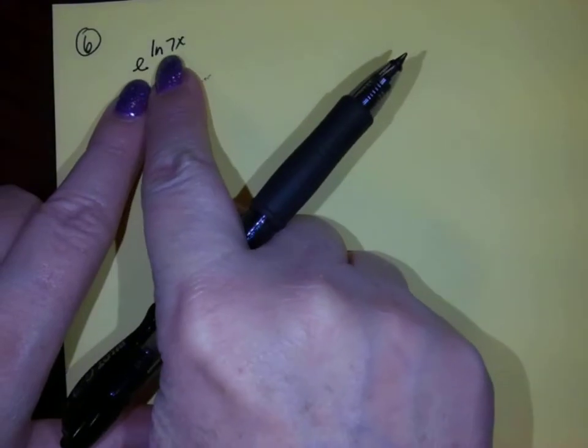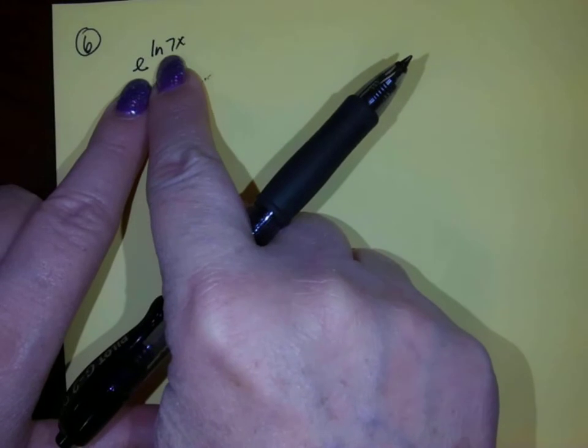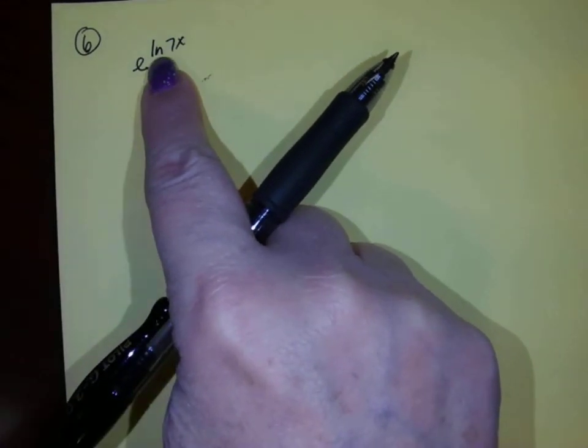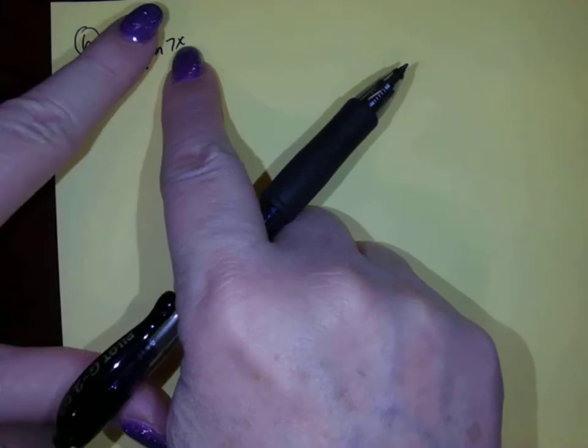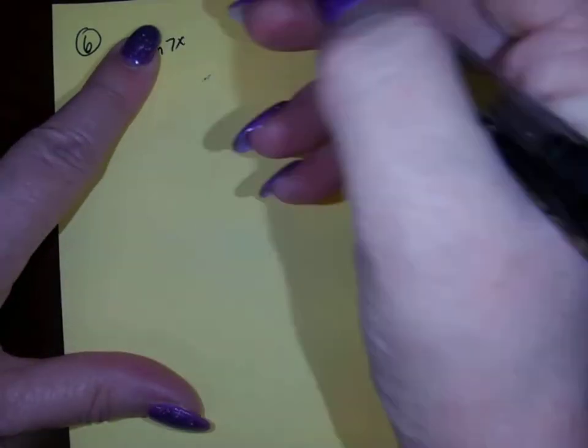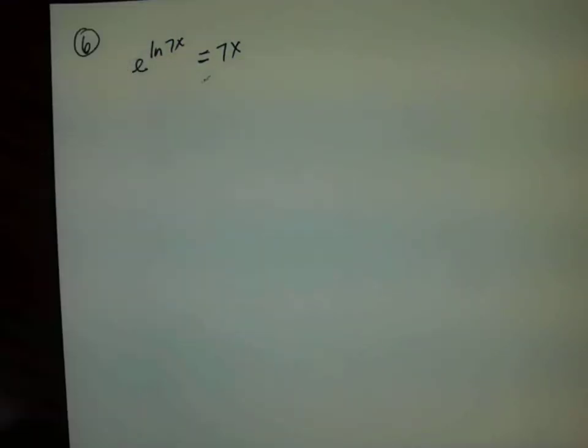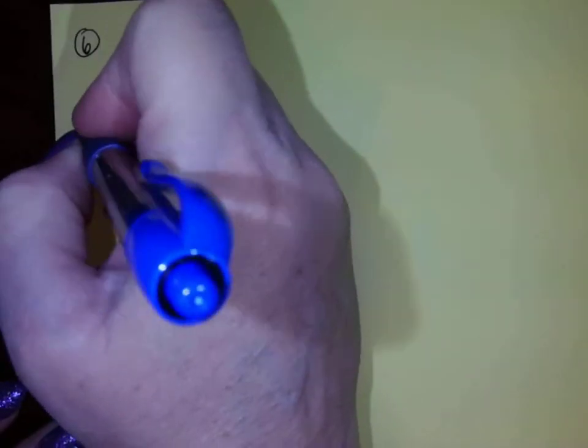And remember, ln has the base of e, and one of our properties stated that if we have e raised to the power of an ln, then the final answer is just whatever is left in that exponent, which in this case would be 7x. This one is to just tell you need to look at your log rules and make sure you understand the different ones that are listed in the log rules.